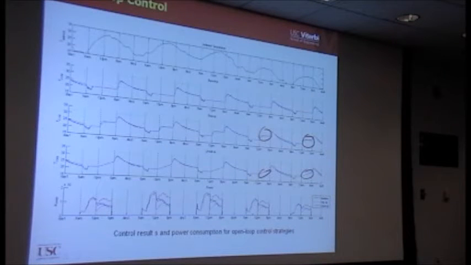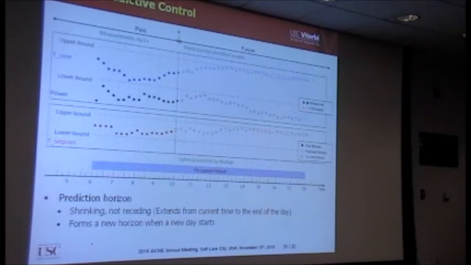So you just do some open loop experiments and then you compare how the power is consumed. So these are the different curves for the power consumption for each day. But just to give you some idea, what you set up for the temperature set points will affect the power consumption during the 12 hours of the day.